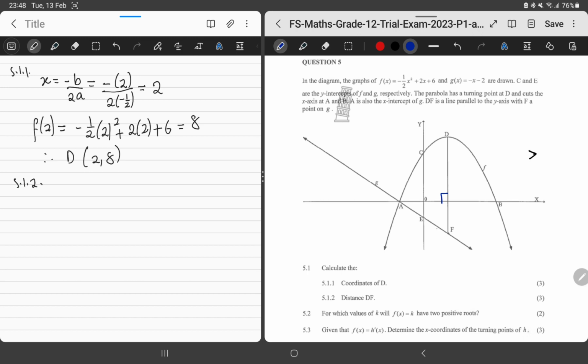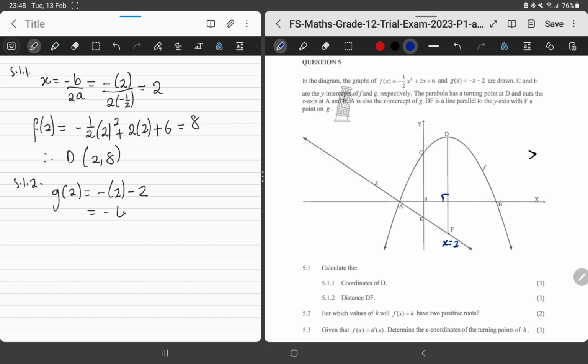5.1.2. Calculate the distance DF. Well, we said this is 90 degrees, so it means that the x value there should be equal to 2. And then I'm told that F is a point on g. So g of 2 should be equal to minus 2 minus 2.